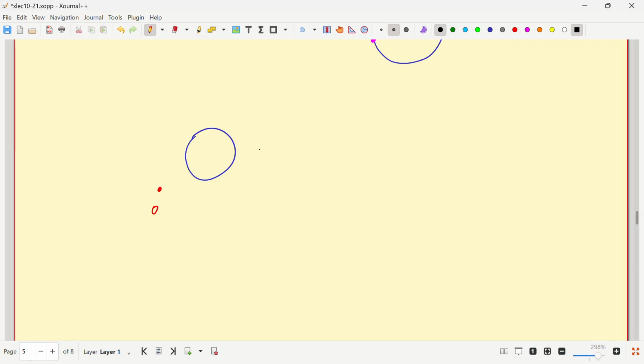Then 1 over z would take that to a different circle not containing the origin. Maybe I should move it over here a bit. And I guess it would look kind of like a conjugate over here. Doesn't have to have the same radius. Could be much different.